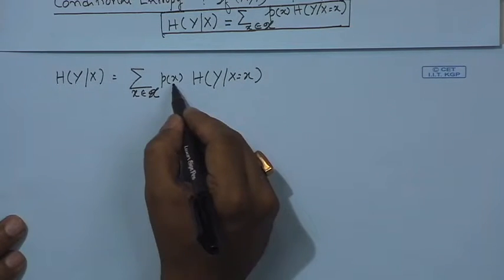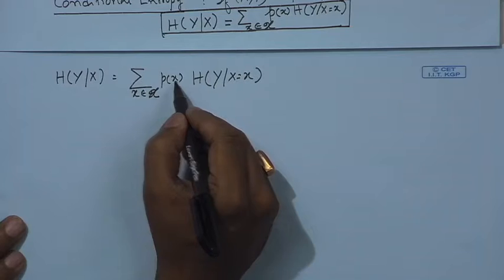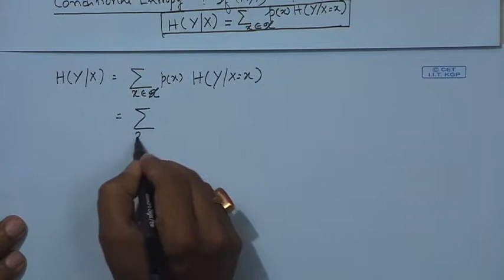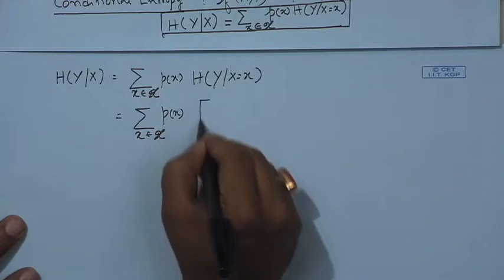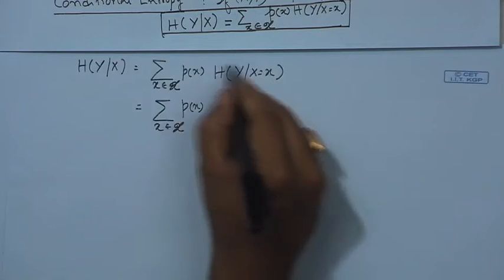So you are weighing this with the probability, and you could write this as the sum over x element of capital X, p(x), times the sum of this particular one.